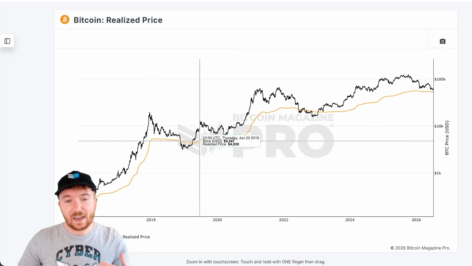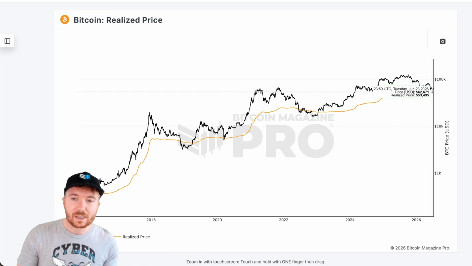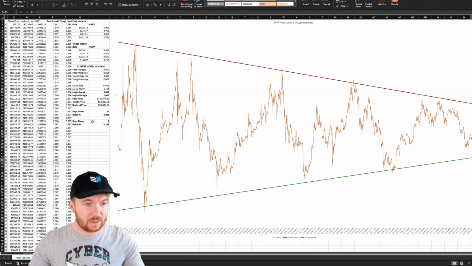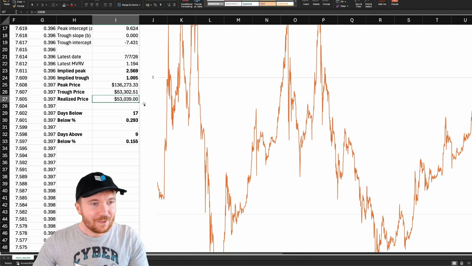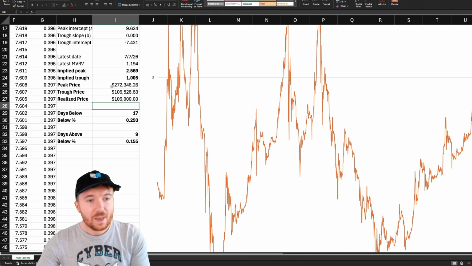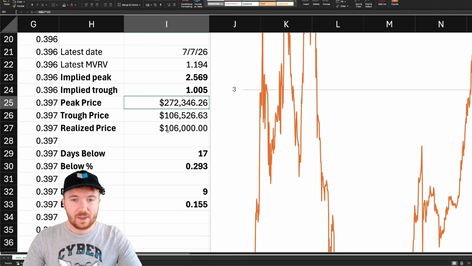So potentially a 4x in the previous cycle and a 3x. If we even saw a 2x from these current prices, so just say a $53,000, $106,000, sorry. It's been a long few days. If we change the realized price to $106,000 and this trend line holds true, then a peak Bitcoin price could happen in the next cycle of $272,000.